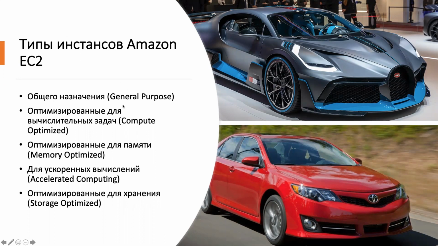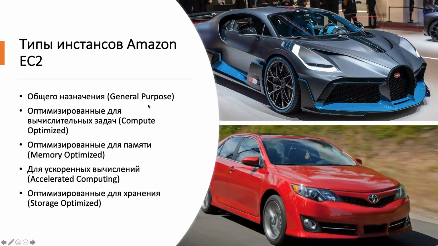To understand this better, let's compare with different car models. For instance, a Toyota car is a nice car, it's not too expensive, and in terms of performance, it's also not too bad compared to sport cars.